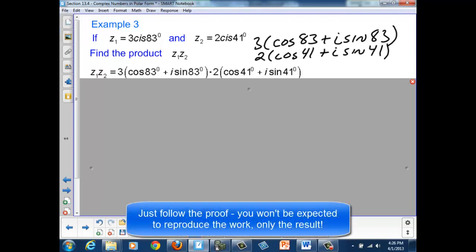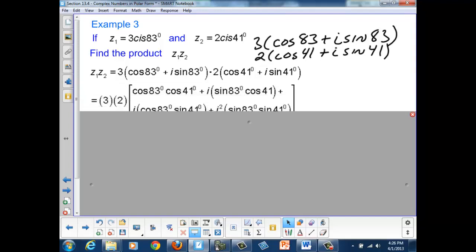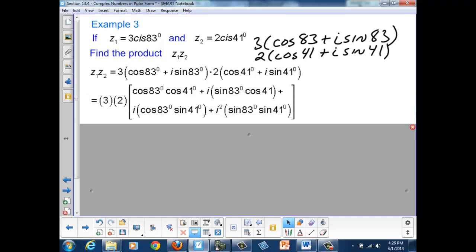Okay, so the first thing we do is write this multiplication problem out. Now, to perform this multiplication, I need to FOIL because I have that plus sign in each term. Here we go. Aren't you lucky I did that for you? So the 3 and the 2 come out to the front, and then I get cosine 83 cosine 41, the first, plus i sine 83 cosine 41.